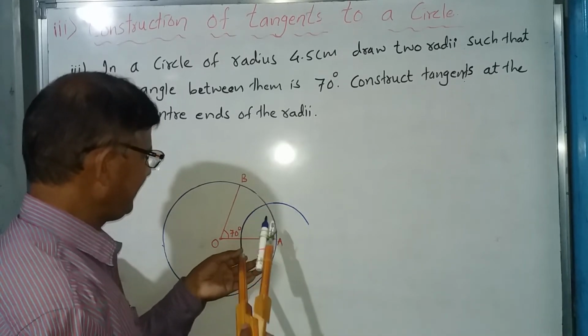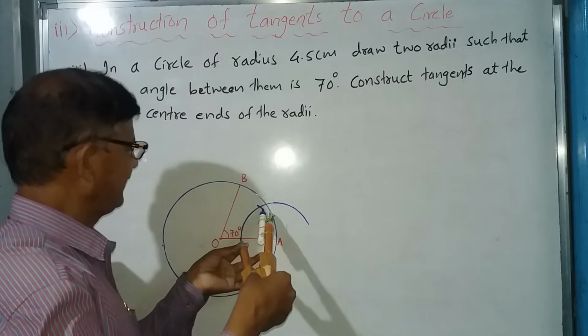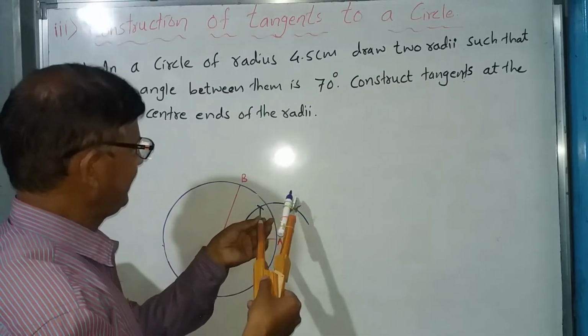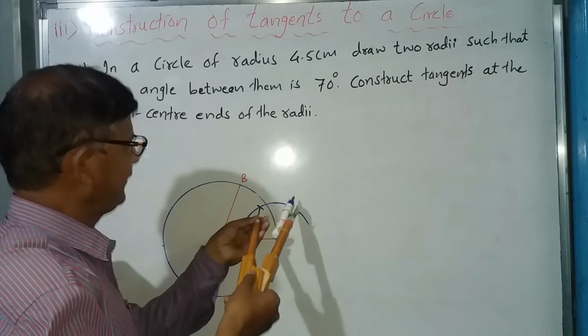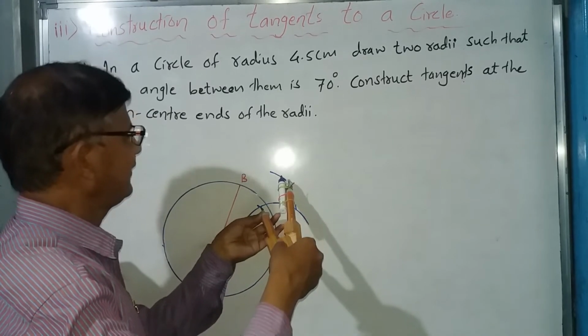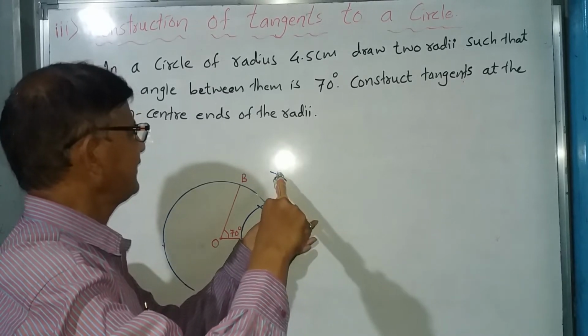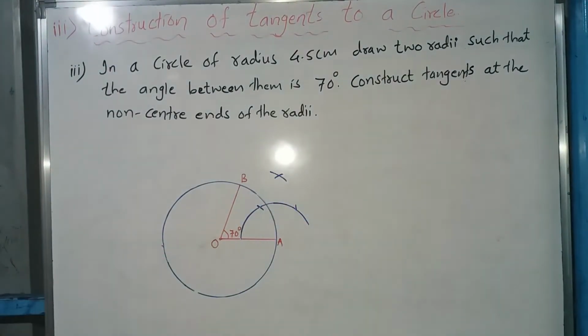Keep the compass again here. Cut this as you know. Cut it further, they intersect here. Another one more intersection here. Finish. Just join it.